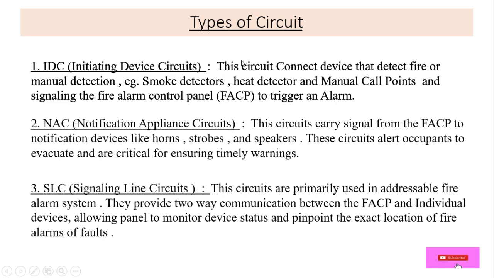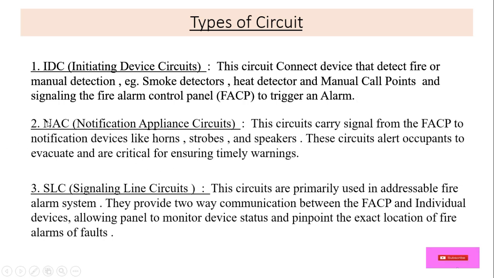The smoke detectors, heat detectors and manual call points connect to this circuit, which sends the signal to the fire alarm control panel. Then the panel, according to this circuit, will trigger an alarm.